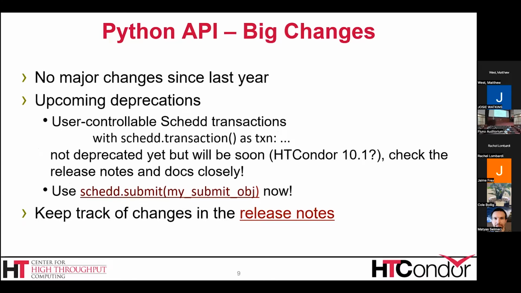Oftentimes in past documentation, we've used these transactions to submit jobs. Instead, what we want you to do now is use the schedd.submit method with submit objects. And if that sounds foreign to you, we'll hopefully demystify some of this in a little bit. And as always, it's always good to keep track of changes in the release notes. We'll try to give you a heads up if something's going to change.